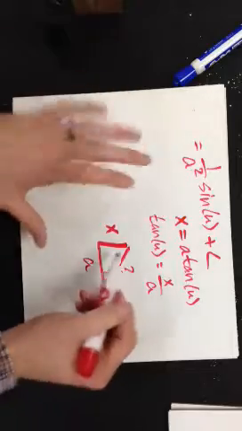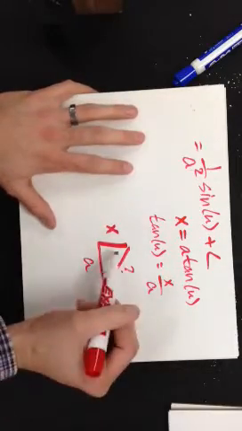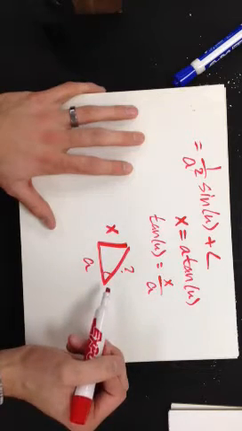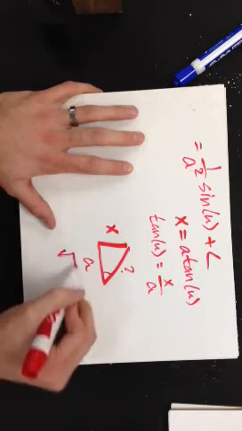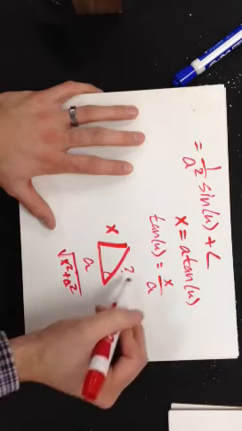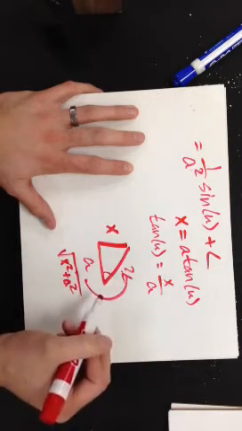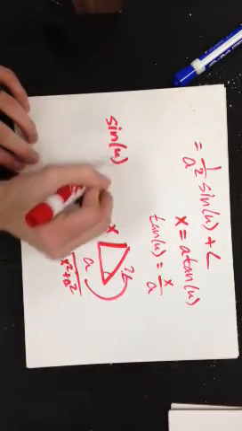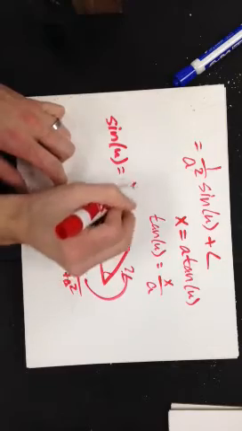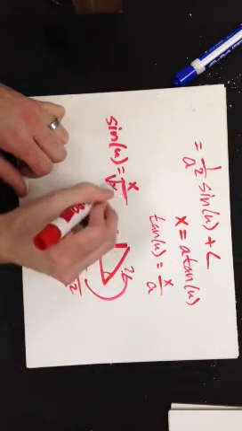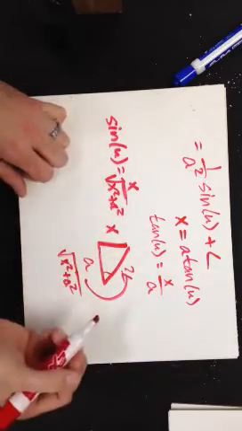But this is just a triangle. So I've got the two sides, x and a, and I want to know the hypotenuse. That would be the square root of x squared plus a squared. That's my hypotenuse. That means that sine of u is opposite x over my hypotenuse, which is the square root of x squared plus a squared.